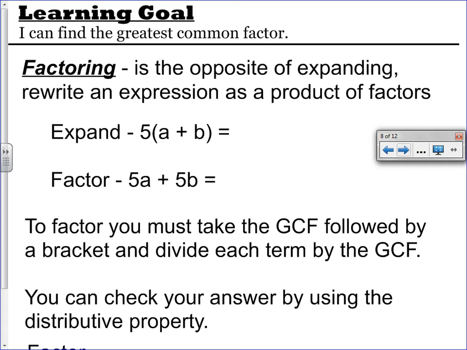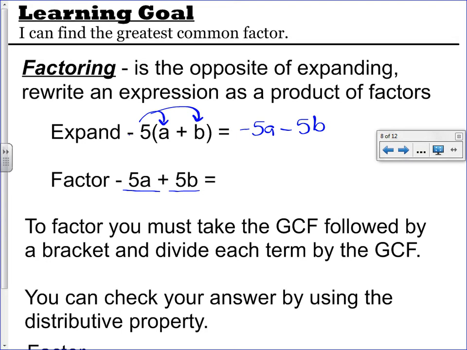When we expand, we would use the distributive property, and negative 5 times a gives me negative 5a. Negative 5 times positive b gives me negative 5b.